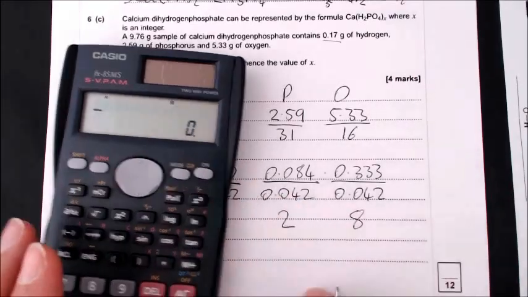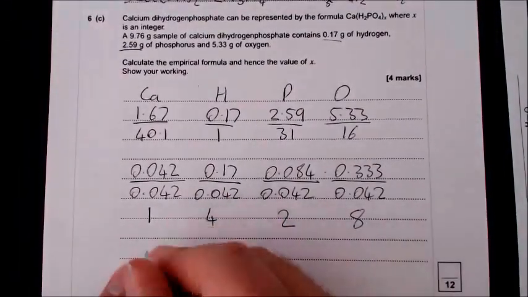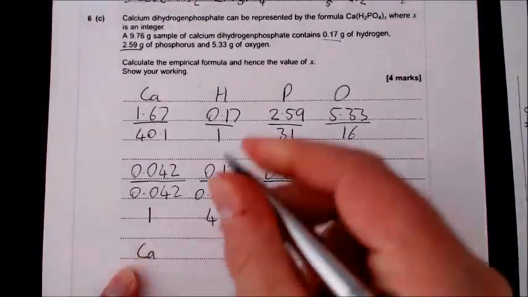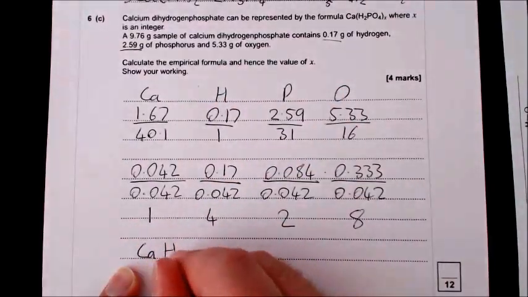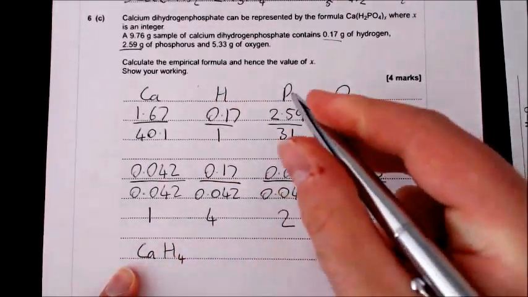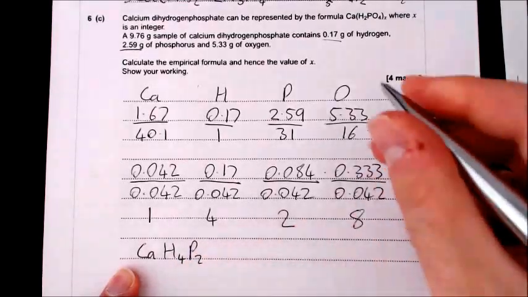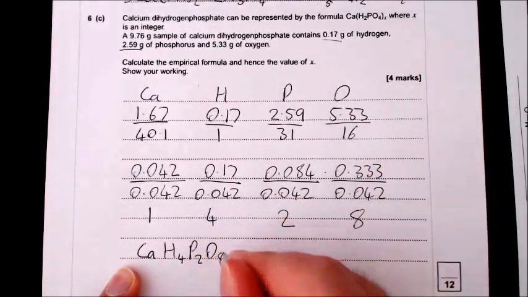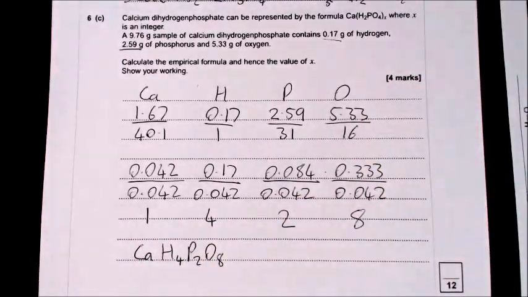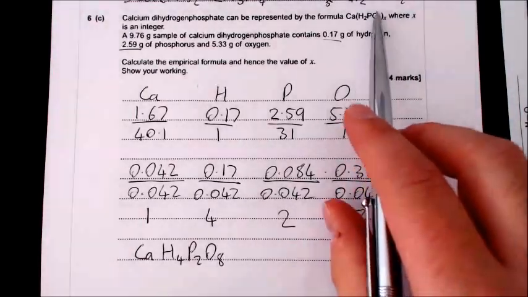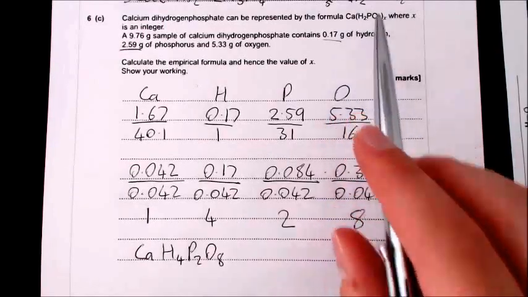So our empirical formula effectively will be Ca, and then we've got H4P2O8. Now, what we have to do is work out how many of the phosphate bit, the H2PO4 bit, we have.